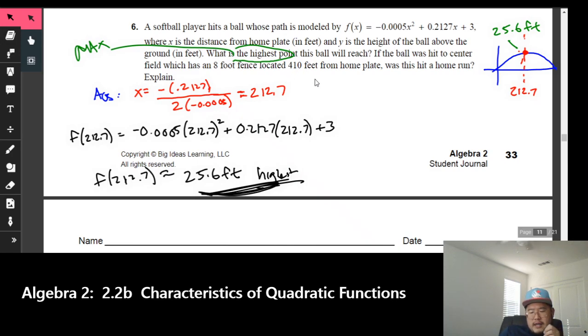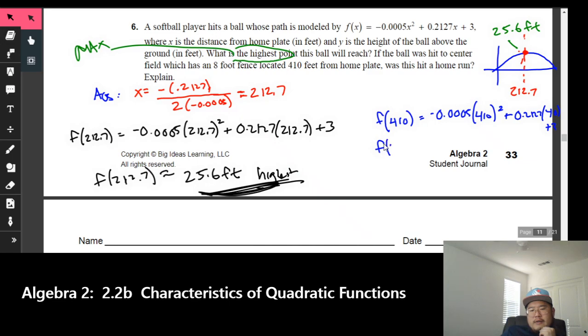If I want to figure out where it is at 410 feet, how about we change our value of x to 410? You'll do the same thing, except this time we'll put 410 feet into our function, and then see what we get.